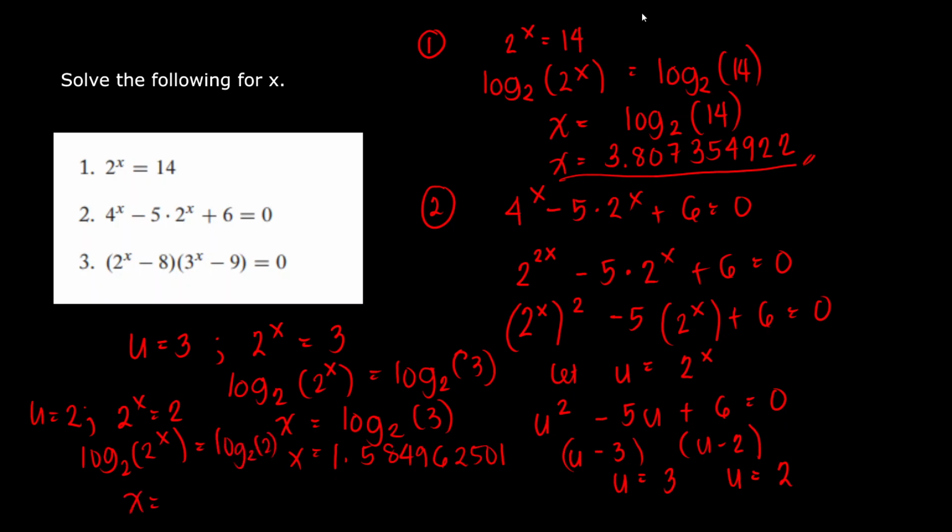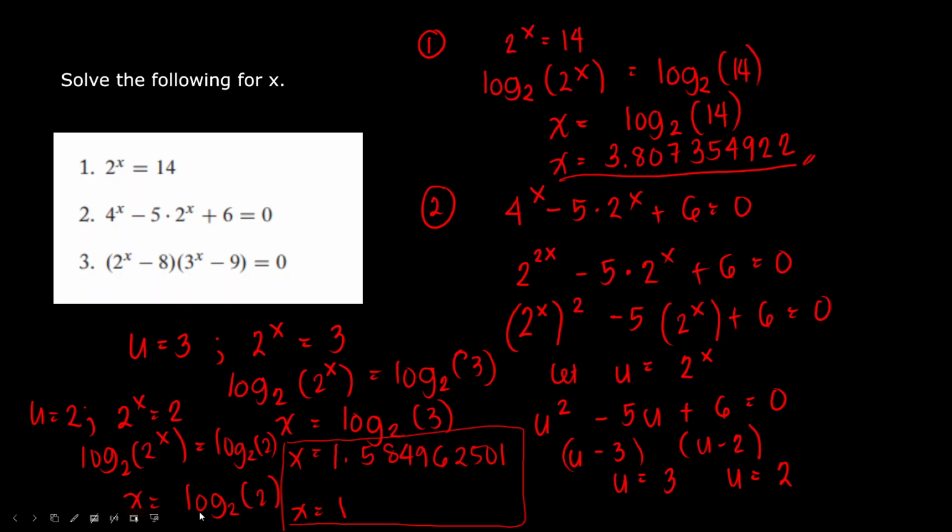So x is equal to log base 2 of 2, or simply x is equal to 1, because when we calculate log base 2 of 2, the equivalent is 1. Okay? So, this is our final answer for number 2.